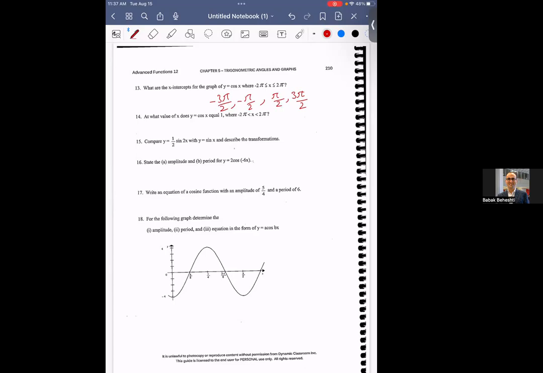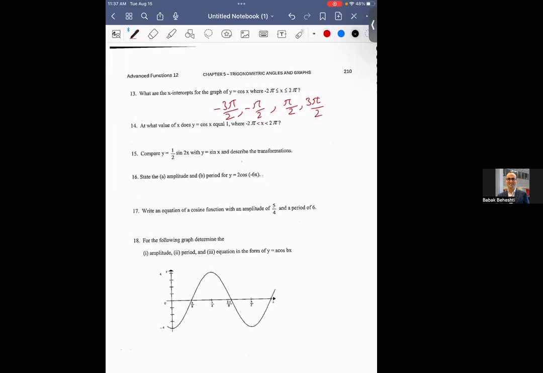So in general, when cosine x equals 1, that means x is equal to what? It's just 2k times pi for any integer, right? 0, 2 pi, 4 pi, minus 2 pi, and so on.